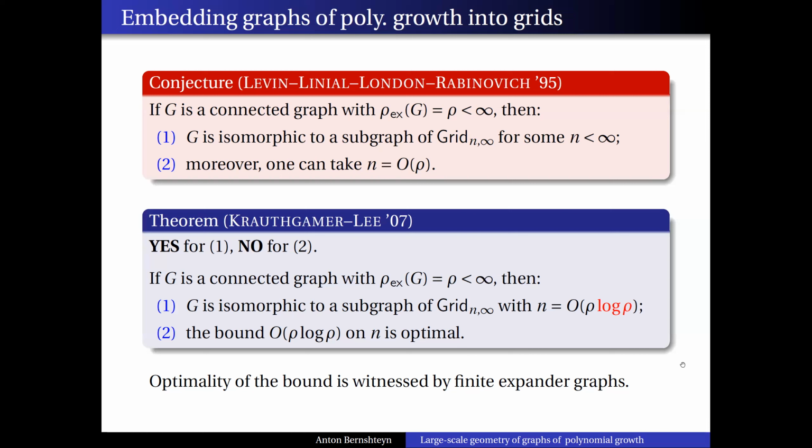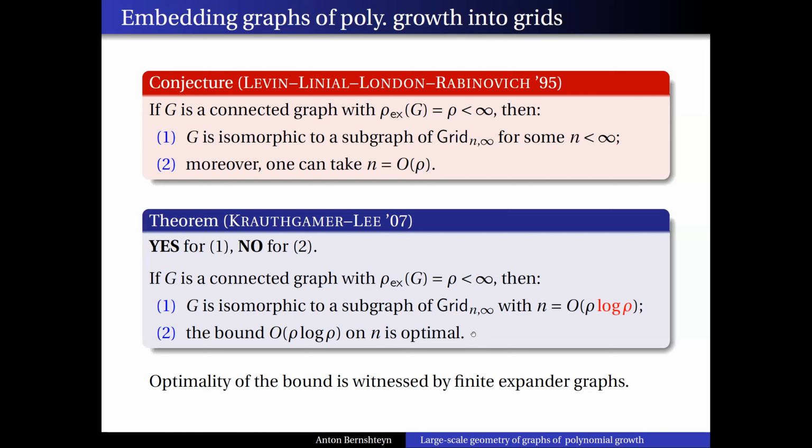So these examples are really weird in this way. In some sense, they miss the point of trying to model the large-scale geometry of a given graph of polynomial growth by a grid graph, because these graphs don't really look like graphs of polynomial growth.